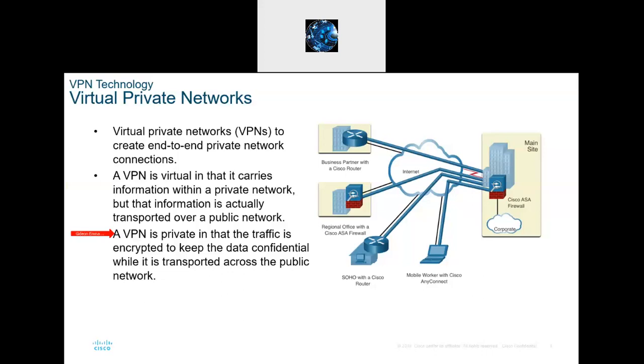It's not a physical connection hand to hand. It's private because your data is encrypted. When they say encrypted, it means it is coded from the source to destination, and even if it is intercepted on the way, it cannot be read across the public network.